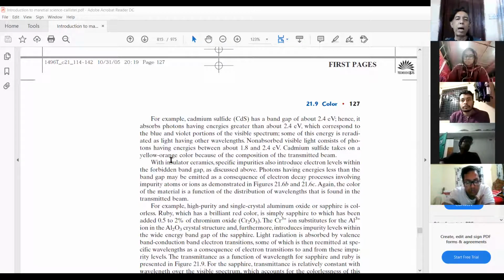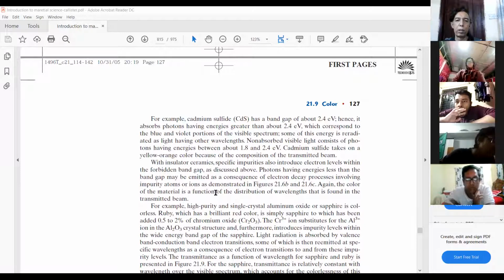নাও আবার বলছে কি, দাঁড়াও এখানে কোথায় আছে এই জিনিসটা? In insulator ceramics, photons having energies less than the band gap may be re-emitted as a consequence of electron decay processes involving impurity atoms or ions, as demonstrated by the figure.